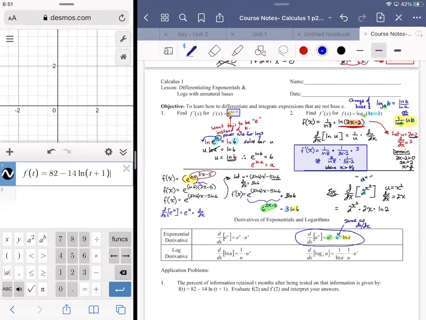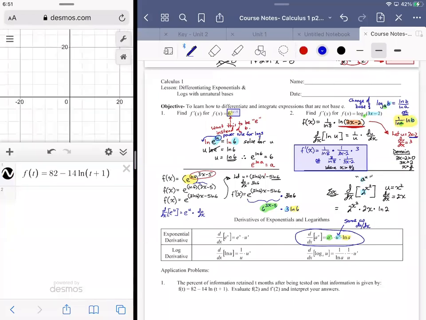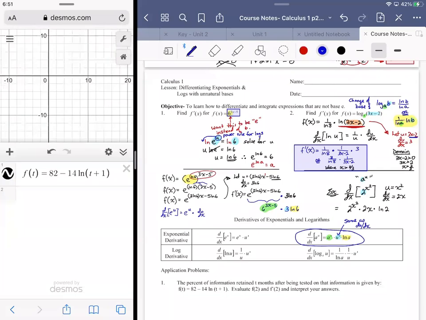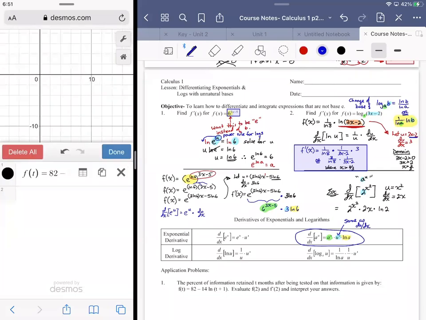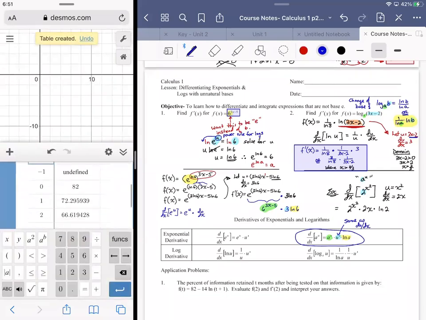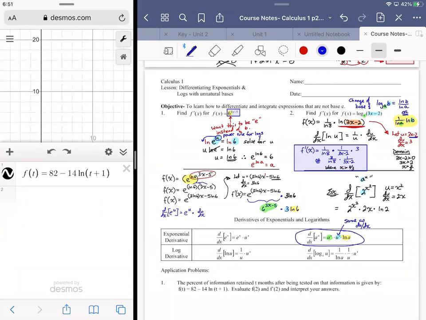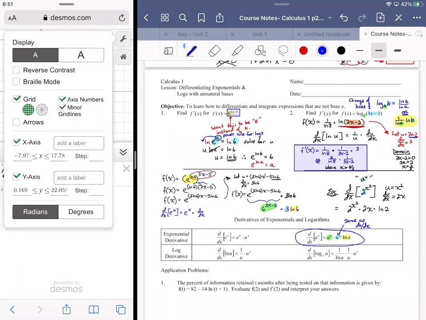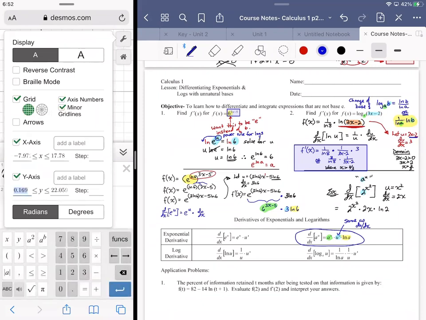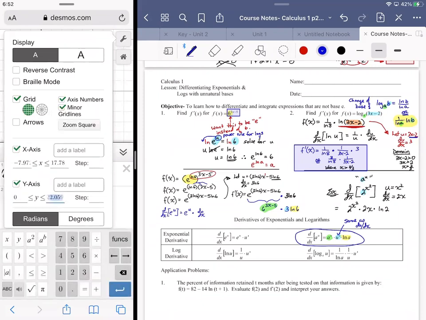If you're interested in looking at the graph and you try zooming and you don't see it right away, then hit that little gear icon, take a look at the table, and you'll see that they're pretty substantially large. So go back and adjust this so that instead of going from like 0.169 to like 22, make it go from 0 to 100.